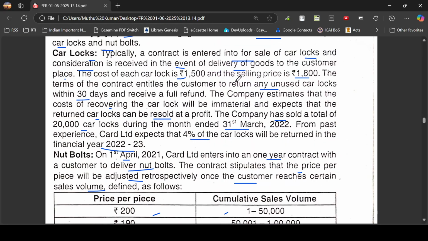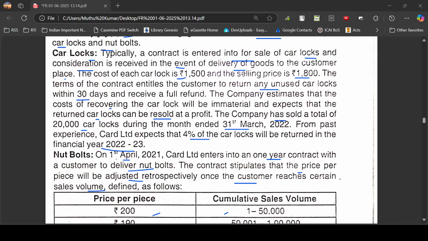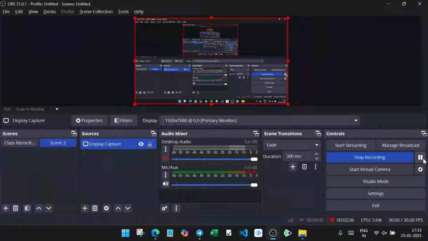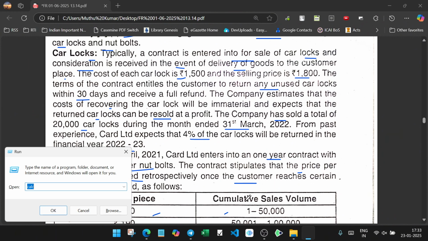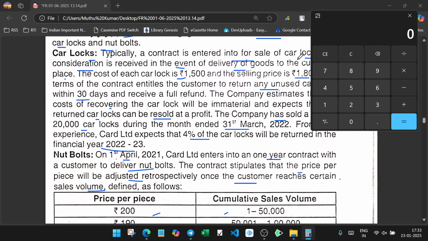The total amount of goods sold is 20,000, so 20,000 into 4 percent is 800. So of the 20,000 car locks, 4 percent, that is 800, will be returned.